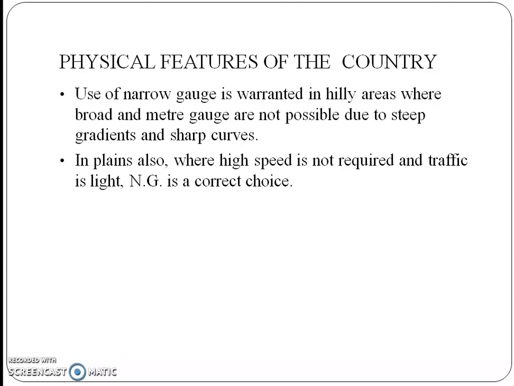In a hilly region it is very difficult to construct broad gauge and meter gauge because of the scarcity of material and availability of resources, so we provide narrow gauge there. In the same way, in plain areas where high speed is not required, we can provide narrow gauge at that location.